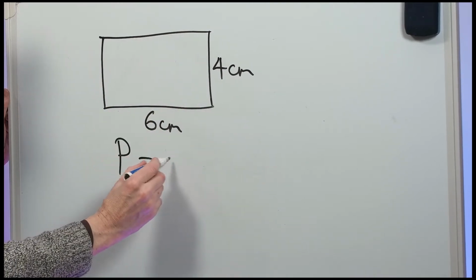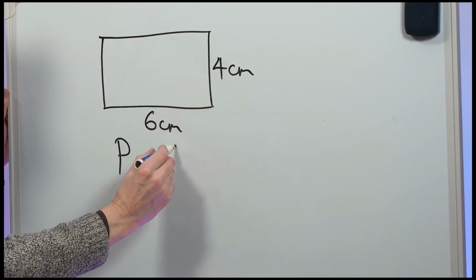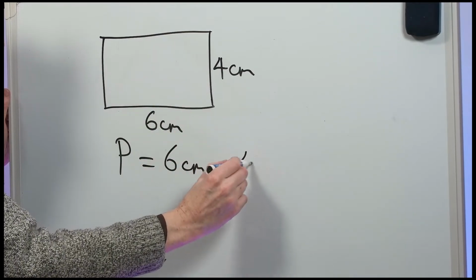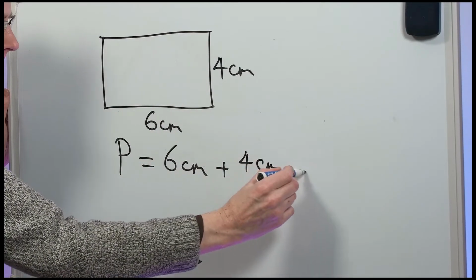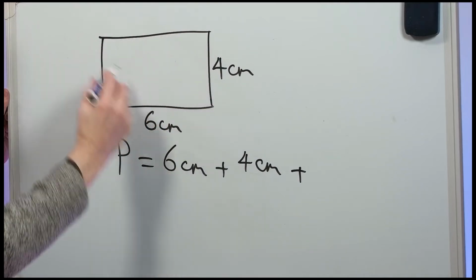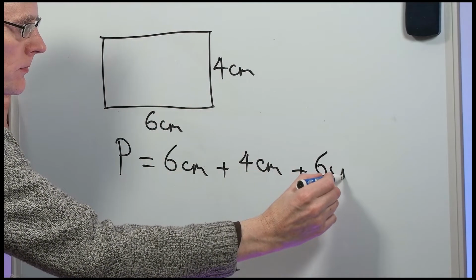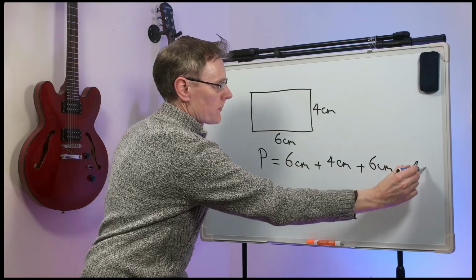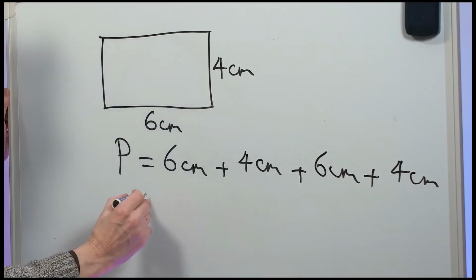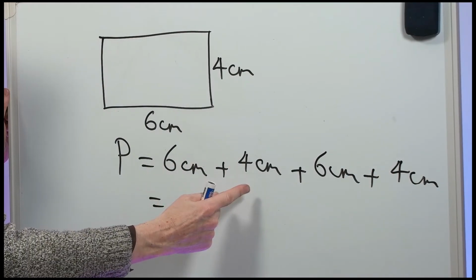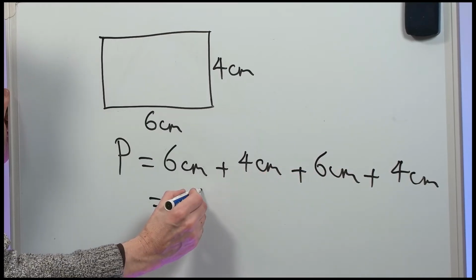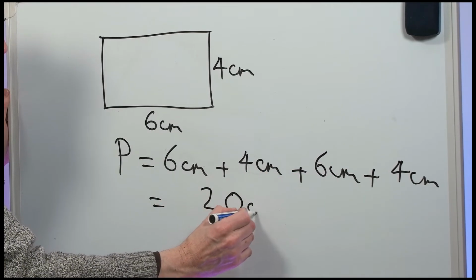The perimeter is going to be equal to 6 centimeters plus another 4 centimeters plus another 6 centimeters across the top plus another 4 centimeters going down this side again. So we have 6 plus 4 is 10, another 6 plus 4 is 10, giving us 20 centimeters.